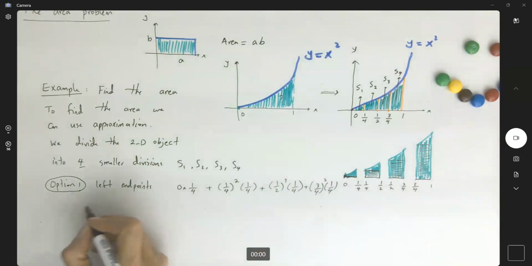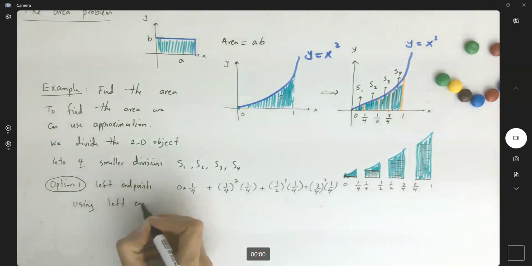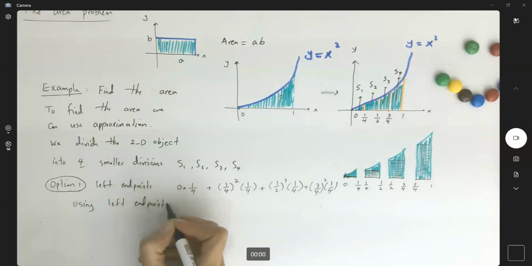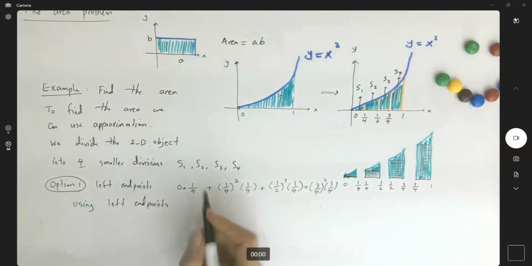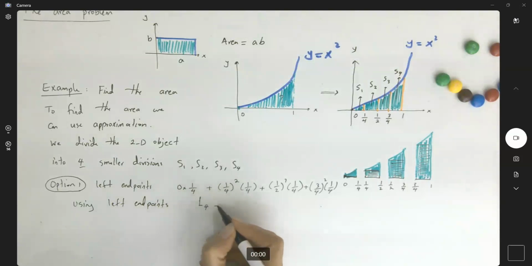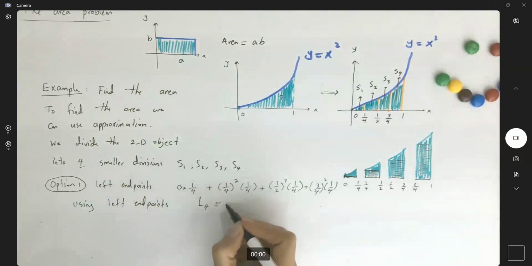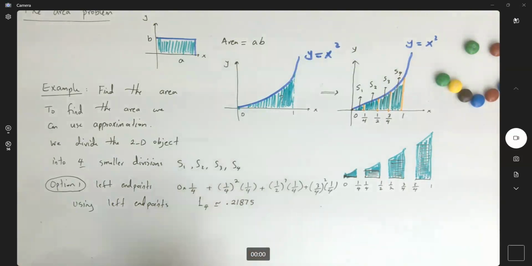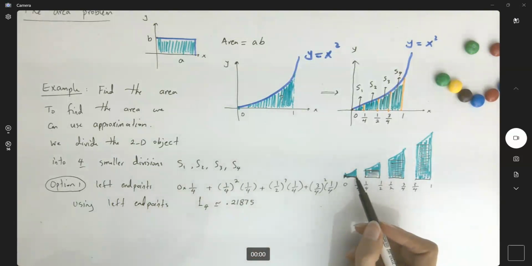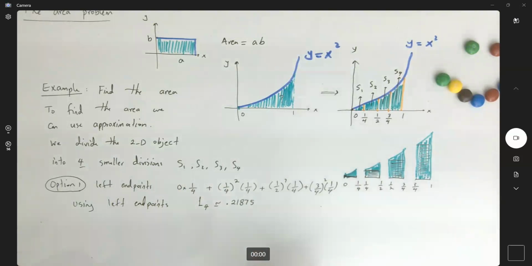Using left endpoints, the area approximation L sub 4 is approximately 0.21875.